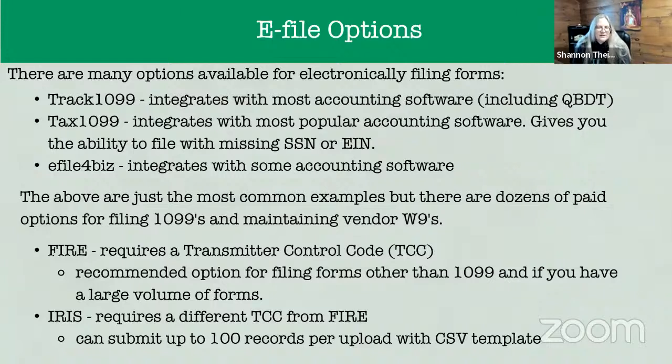And then there's free options, which is using the FIRE site, which is on the IRS website, but it requires a transmitter control code, which, if you haven't applied for one yet, you're probably not going to get before the deadline, because it takes 45 days at minimum to get that code.